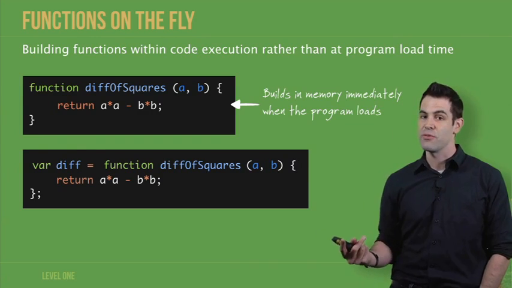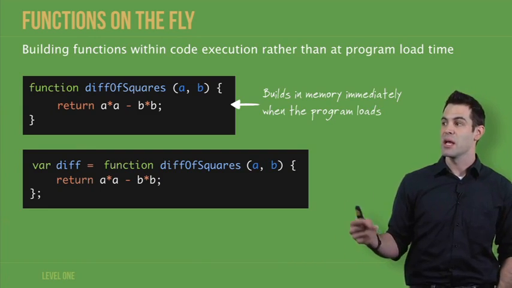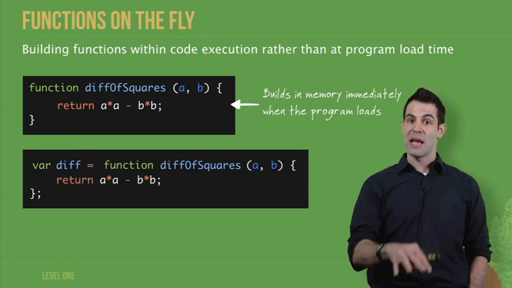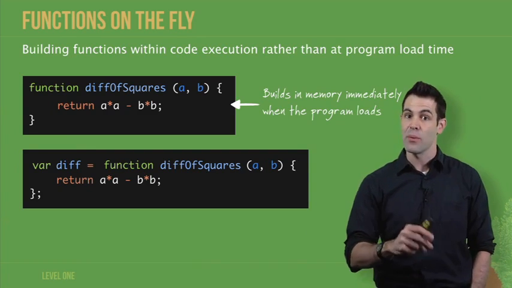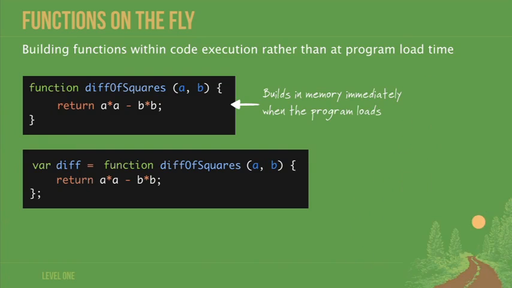So take a look, you can see the function keyword, then the diffOfSquares function name and the inputs all in the same place, and then the very same function body that does the same stuff that we had in our declared function. Again, this loads only when your program reaches that line of code.